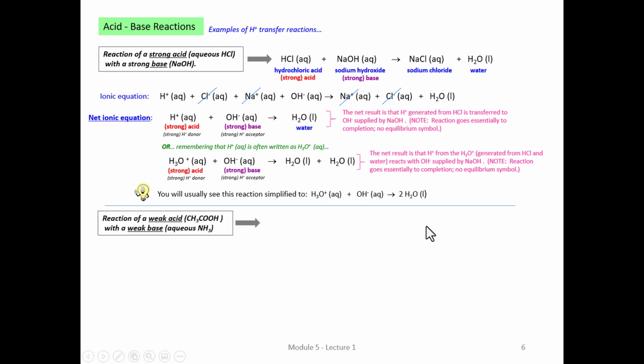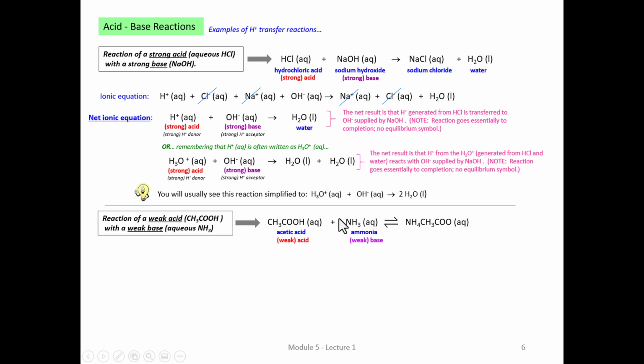How about the reaction of a weak acid with a weak base? Well, our example of a weak acid was acetic acid. Our example before of a weak base was ammonia dissolved in water. And remember, these are the dominant forms of these in water because acetic acid mostly stays in that form because it's a weak acid. Ammonia mostly stays in that form because it's a weak base.